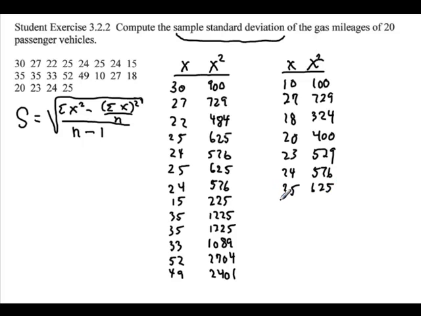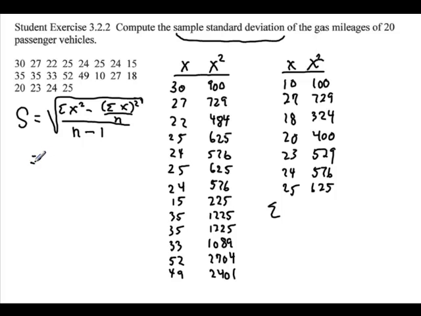So as we did before, what we're going to do is add them all up and take our total from all of the x's and then from all of our x squareds. And again, the sum of all the x squared is important. The second column always goes first, and then the first column is always second. And let's carefully add those up.